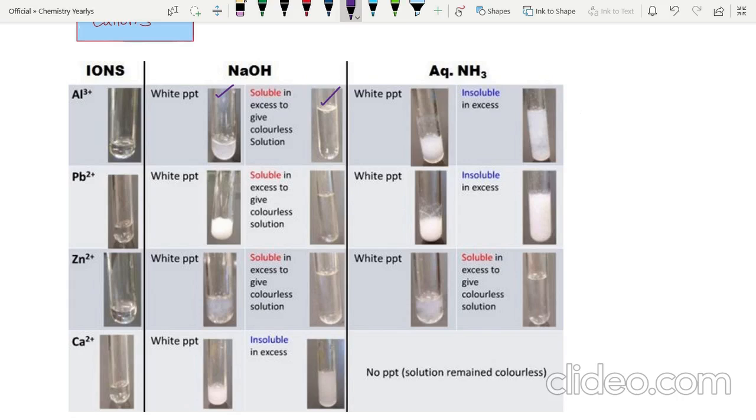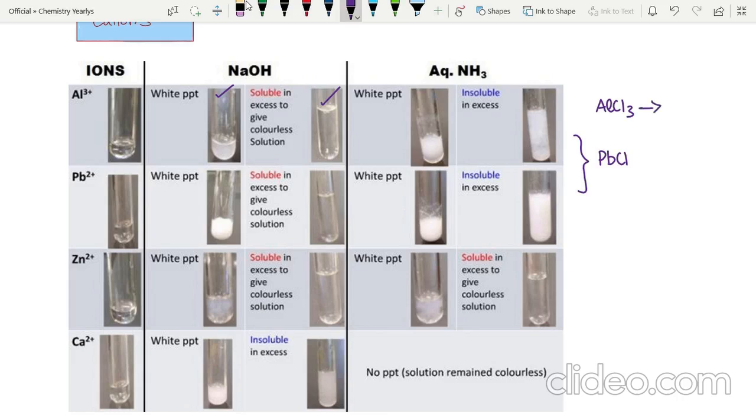But some of you will be confused about how we are going to figure it out if both of them come in the same solution. For example, if I add barium chloride to lead, it will form PbCl, and if I add the same into aluminium, it will form AlCl3.